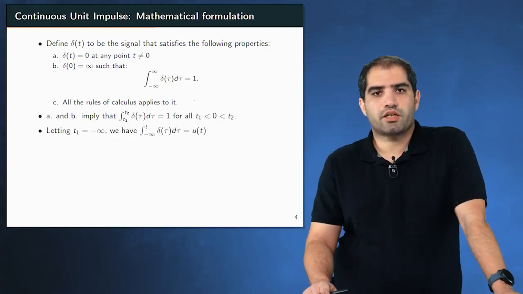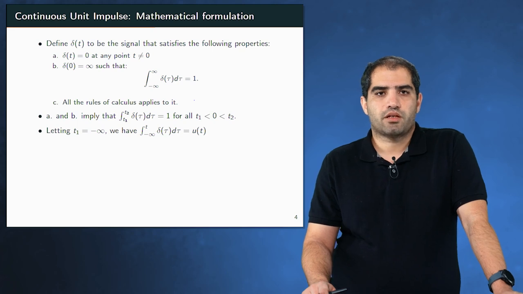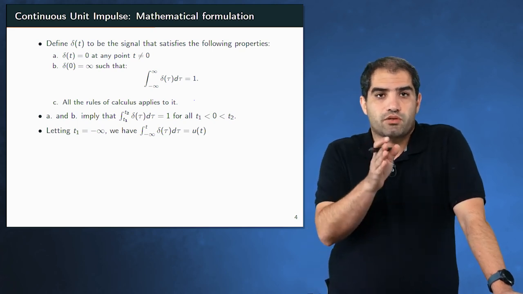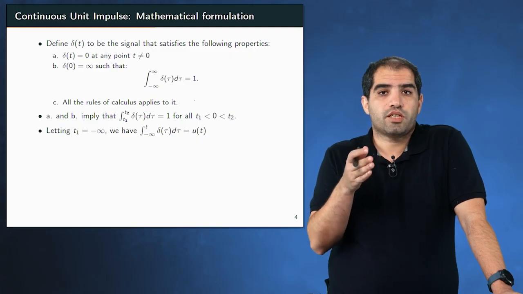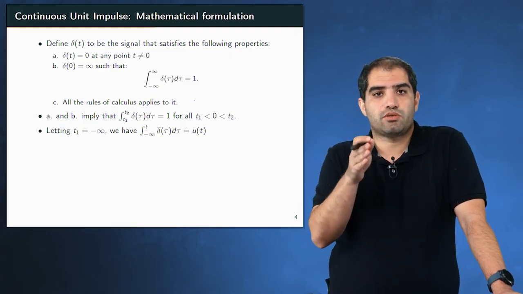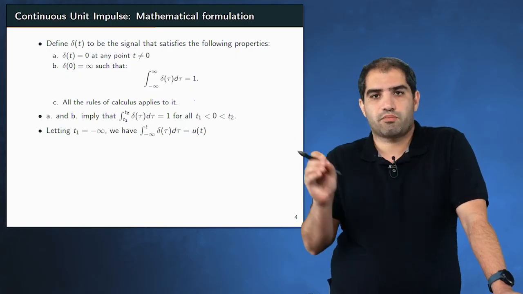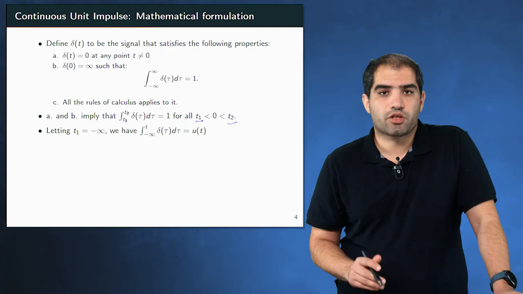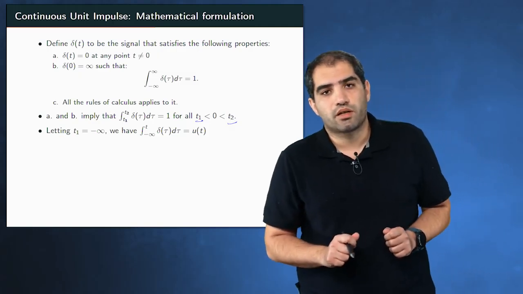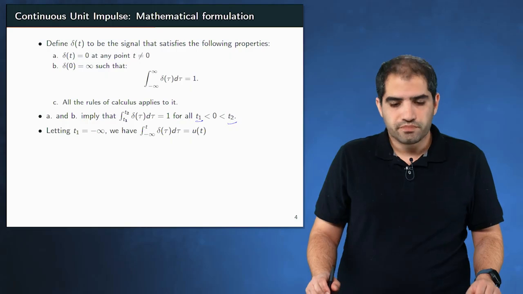As a particular implication of properties A and B, since delta is 0 for any non-zero time, the integral from t1 to t2 of delta should be 1 for negative t1 and positive t2. So any interval that contains 0, if you do the integration of delta, you should get 1.